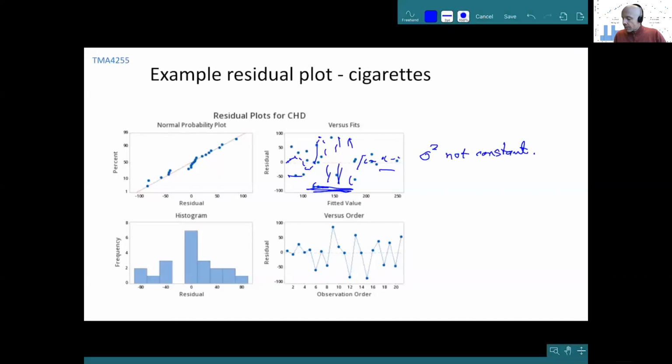We could also have plots that indicate correlation, say if there's something with a measurement order being done at day and night and so on. So this might be something like this. So this is not independent. This is correlation. So correlated epsilon. So this indicates correlated epsilon.